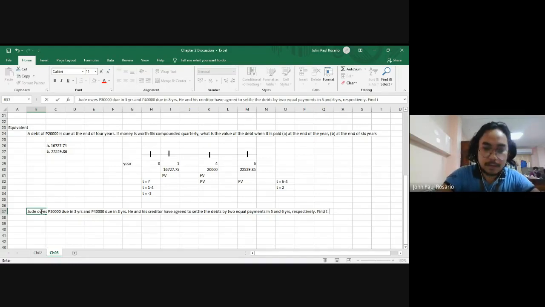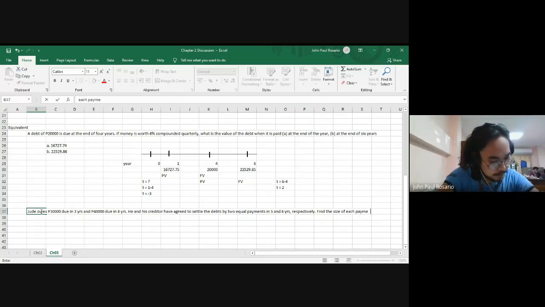Find the size of each payment if money is worth 6%, compounded semi-annually.